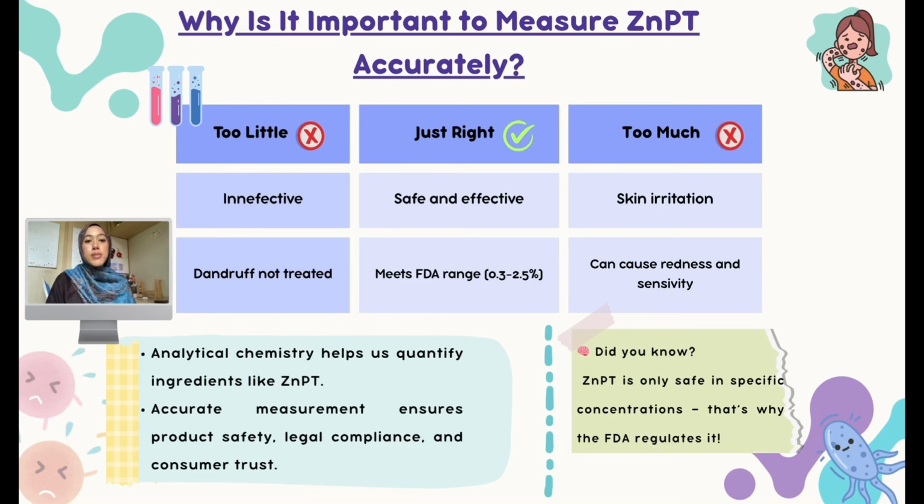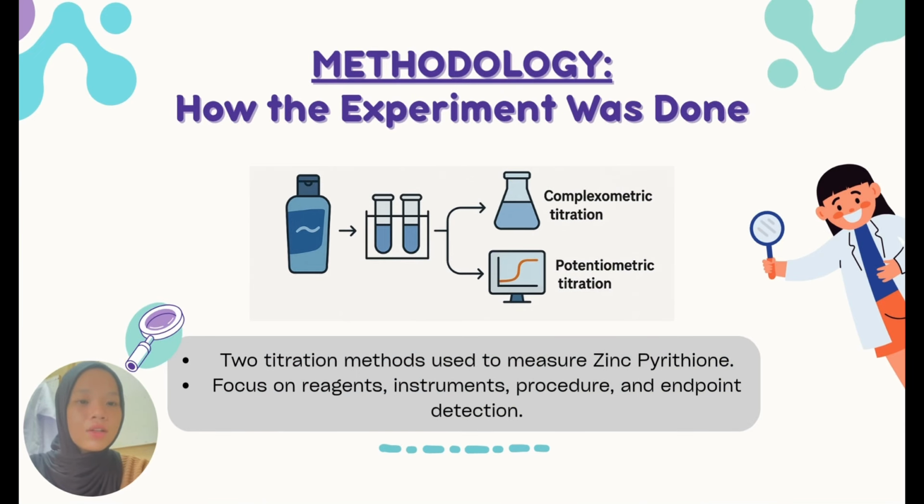So, accurate measurement is really important, not just for product quality, but also for consumer safety and regulatory compliance. And as we'll see in this study, volumetric analysis using titration offers a simple and cost-effective way to do just that. I will be talking about the methodology on how the experiment was done.